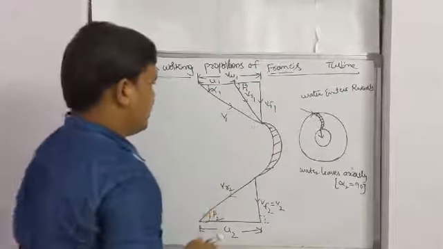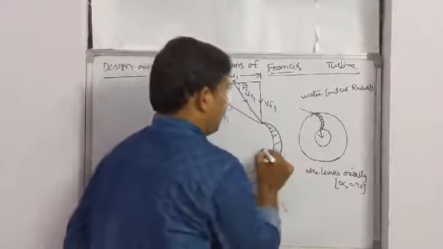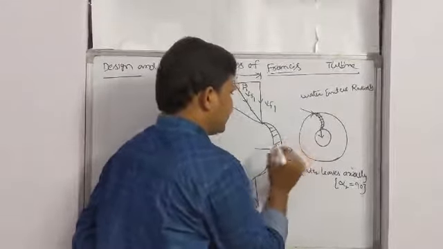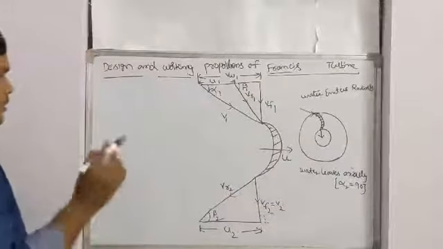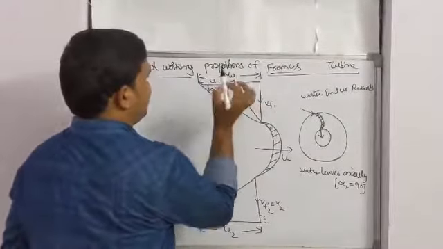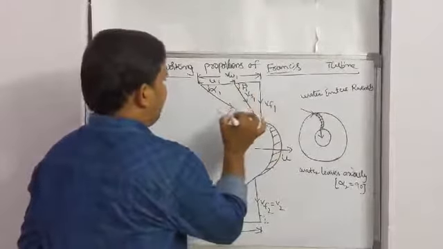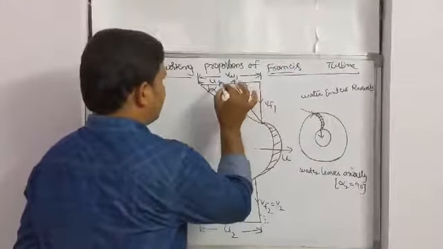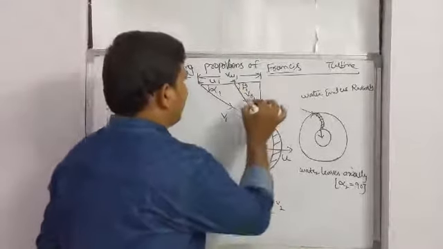Whenever the water strikes the blade, the blade tries to move in the direction of the water velocity. So we represent the blade velocity here. Whenever the absolute velocity and blade velocity are there, the resultant is the relative velocity.